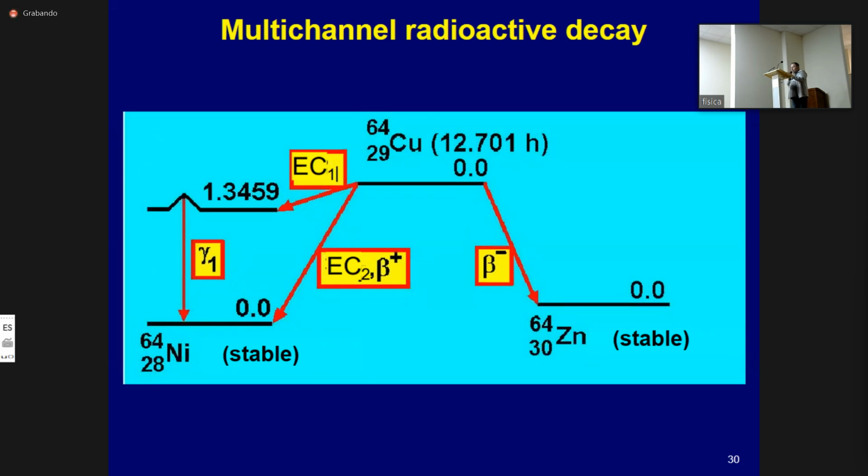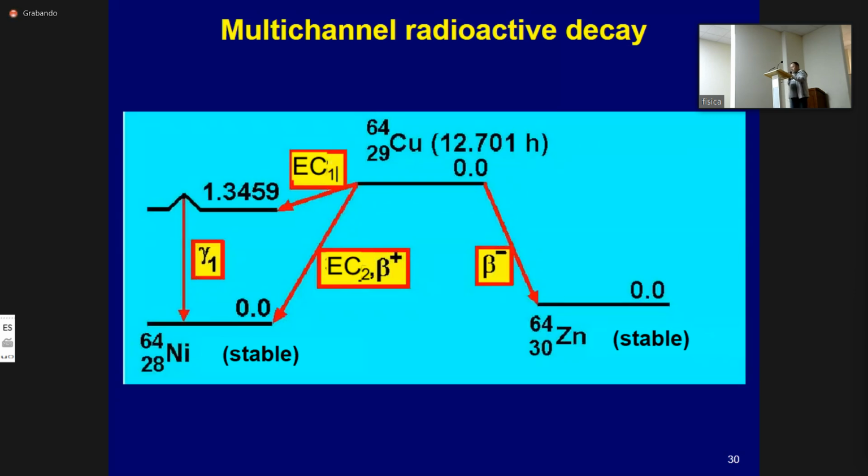However, there is no one-to-one correspondence between the number of nuclear transformations in the radioactive substance and the number of photons or particles emitted per unit time in this substance. Only in some special cases does such a one-to-one correspondence exist. For example, in the case of pure beta minus decay of tritium or strontium-90.